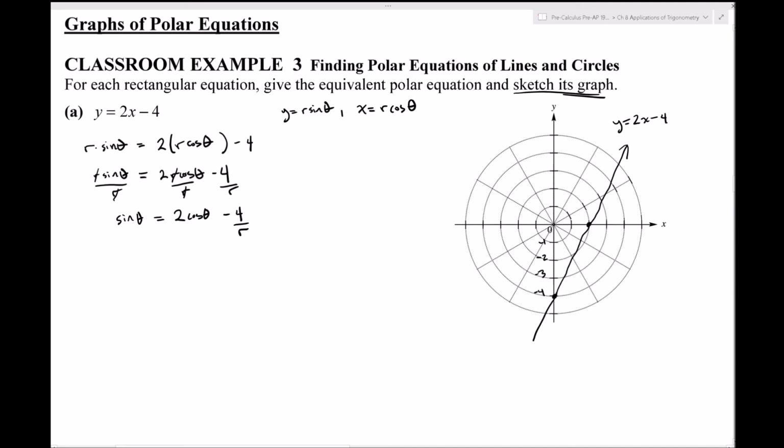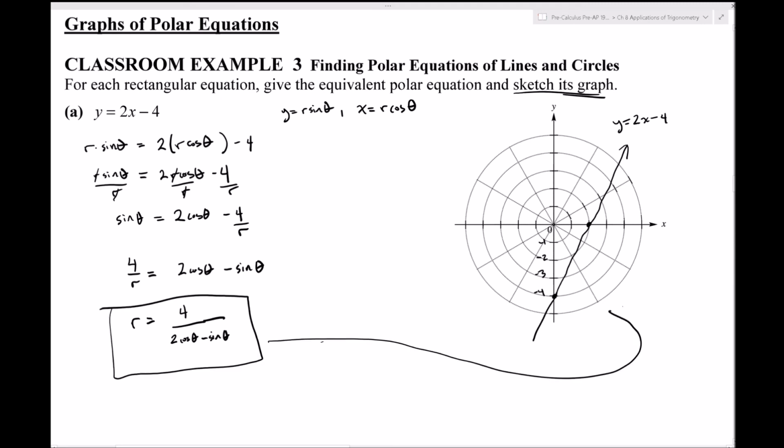I want to isolate that r term, so it's going to be 4 over r on this side, 2 cosine theta minus sine theta on this side. Then you're going to cross multiply. If you cross multiply, you get r is equal to 4 divided by 2 cosine theta minus sine theta. And there's our equation. That's what's graphed here.